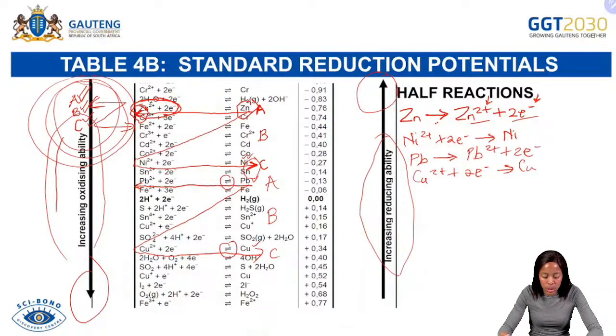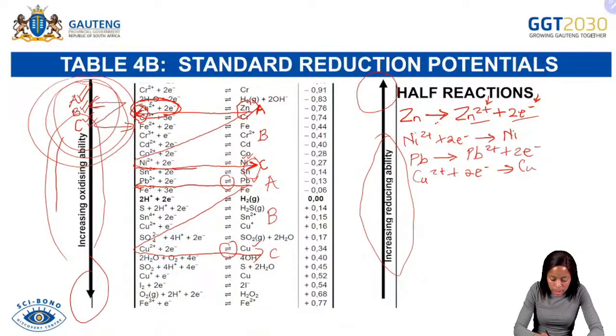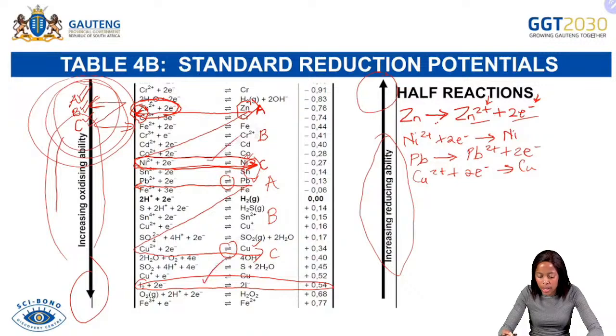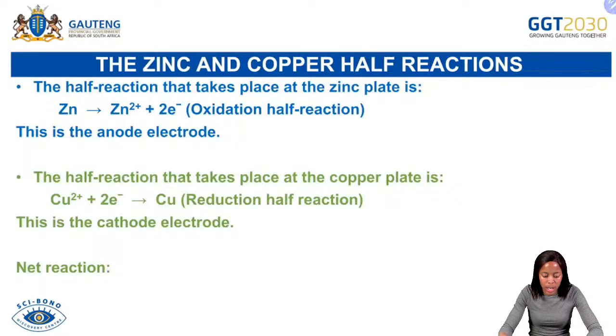Whatever is at the top is your anode. Even if it can be anything else, for example nickel and the iodine at the bottom, the nickel will represent your anode, and the iodine will represent the cathode. Now it says here the zinc and the copper half reactions.